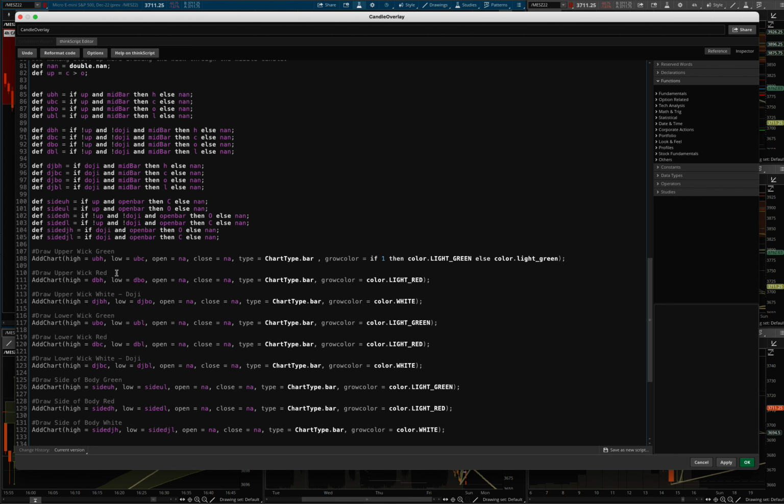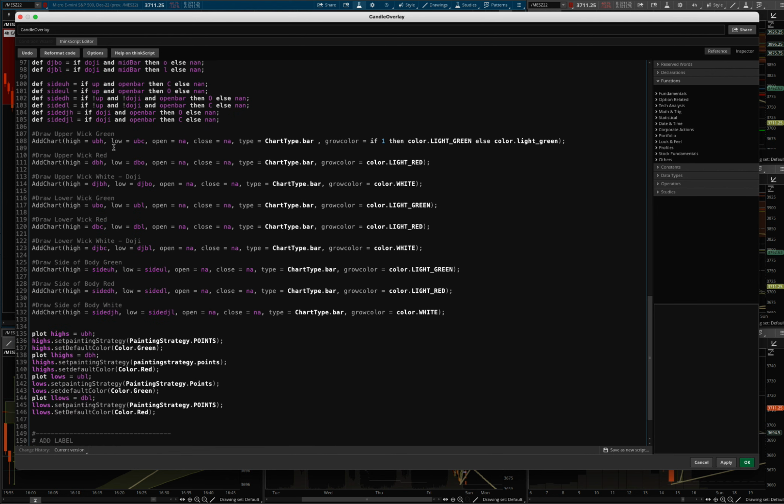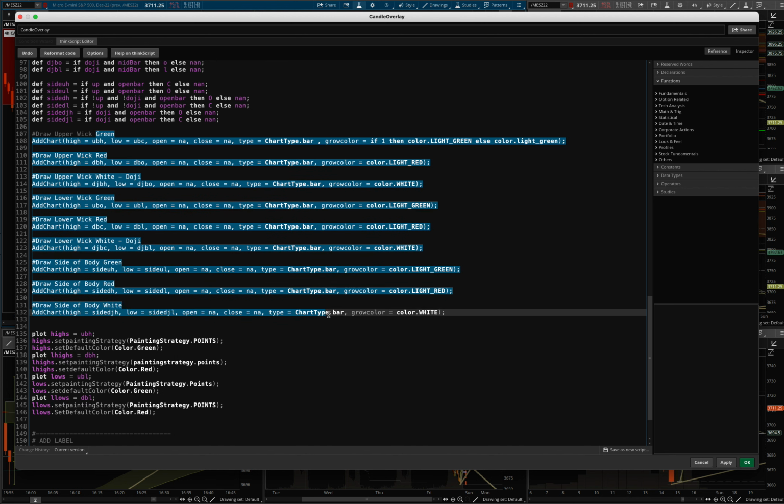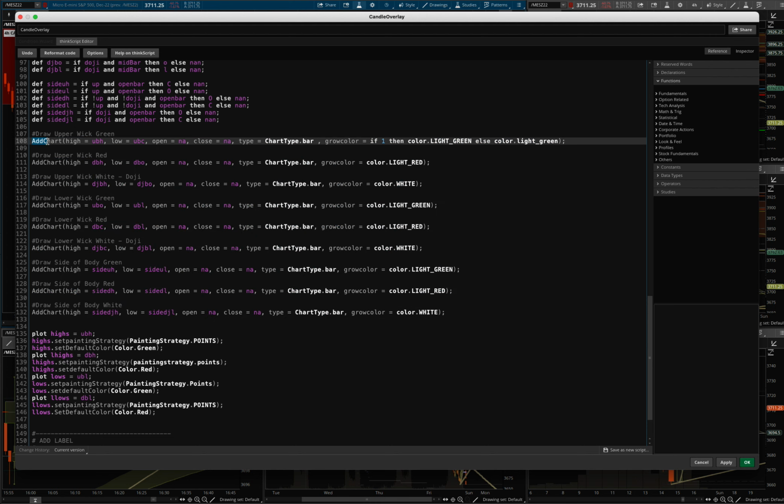So it goes through all this logic to try and figure out how to draw these candles out, and half of that is because this is kind of an irritating way of having to set this up, because of AddChart, and this is actually quite cool, this is a completely deprecated function. It's not used anymore.